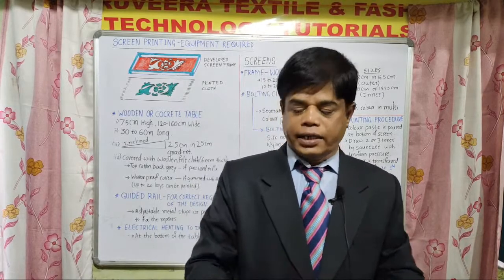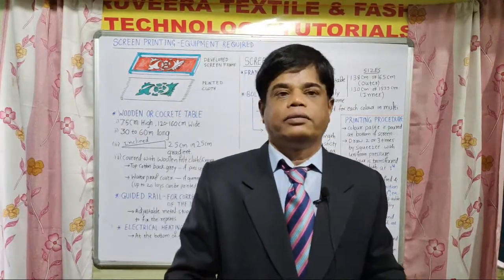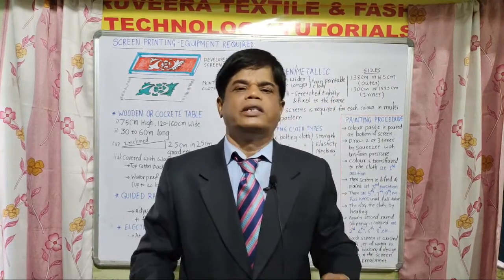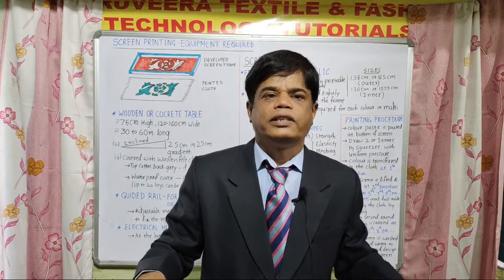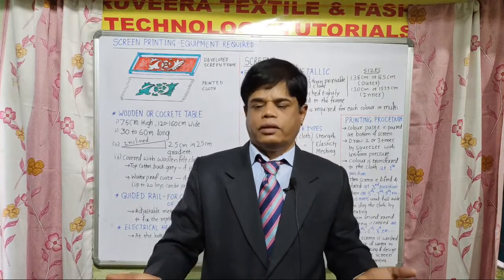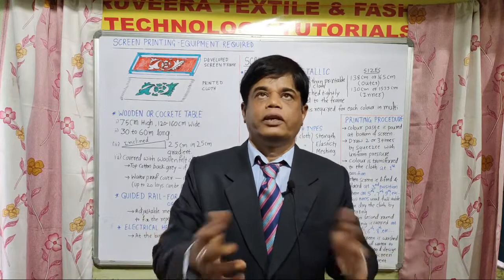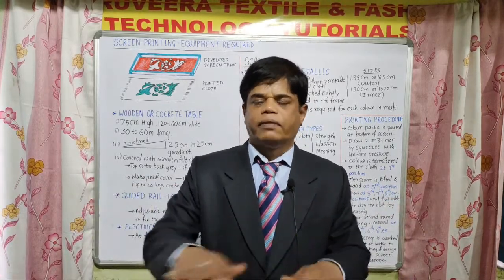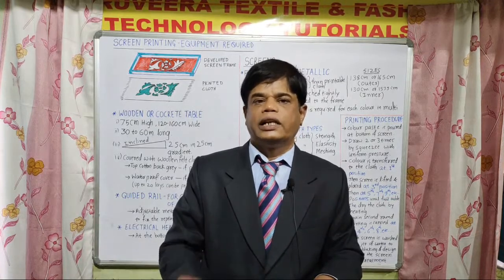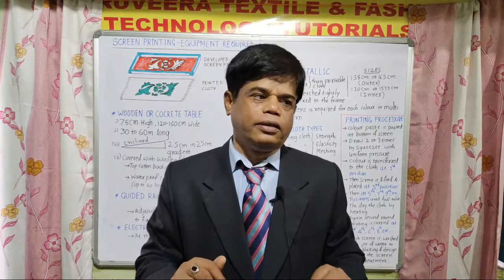In electrical heating, the heating system is kept under the table. The equipment is a mechanical device. The table might be developed with electrical heating on the top. If top printing is there, a below-heating arrangement will be there. Immediately after printing, due to electrical heating, the ink is dried on the fabric.